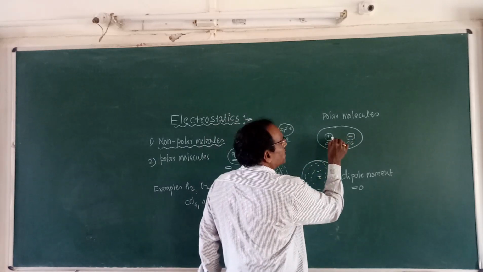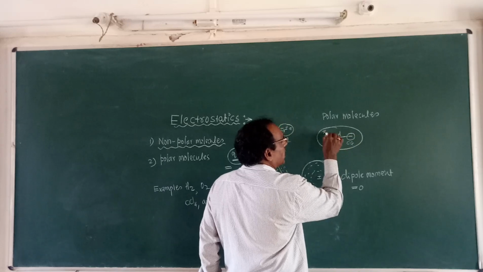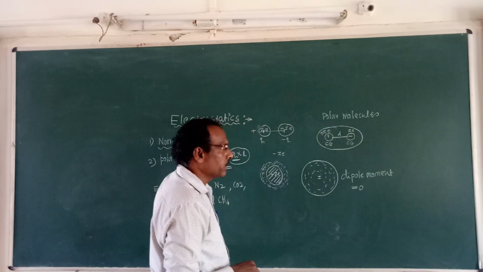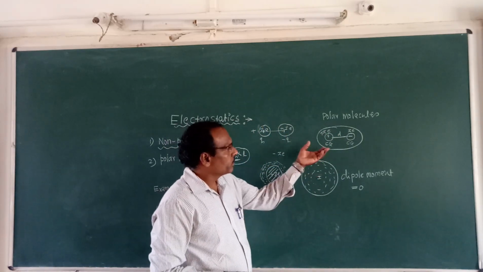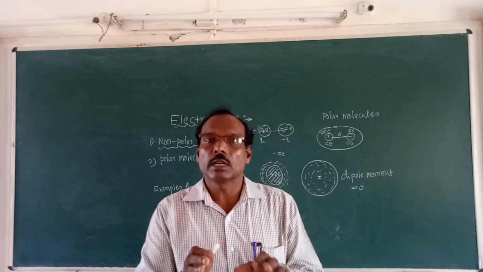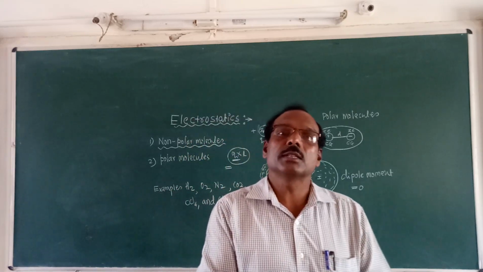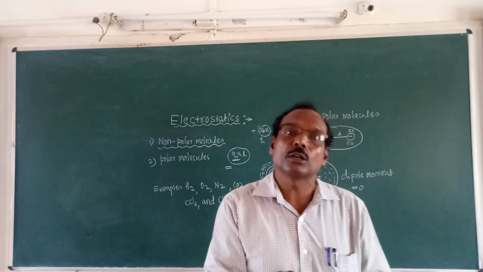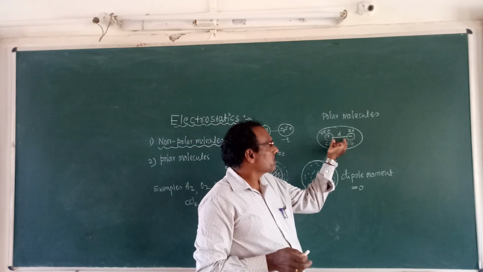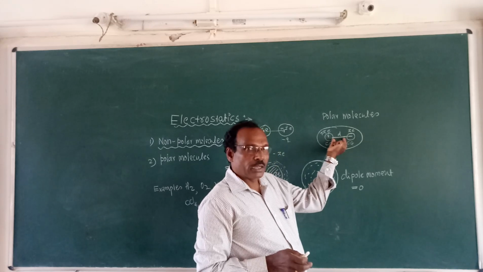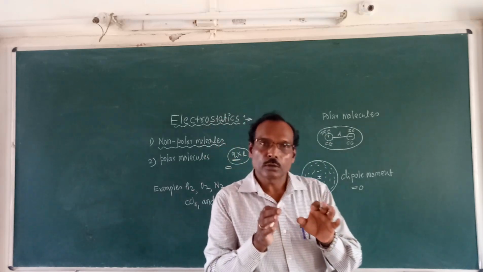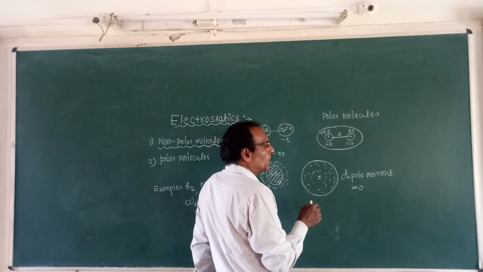Say this distance is d and the charge is minus Ze and plus Ze in the case of polar molecules. So polar molecules are the molecules in which the center of gravity of the positive charge, that is the nucleus, and the negative charge, the electron cloud, do not coincide but are separated by a finite distance, and these molecules have a dipole moment.